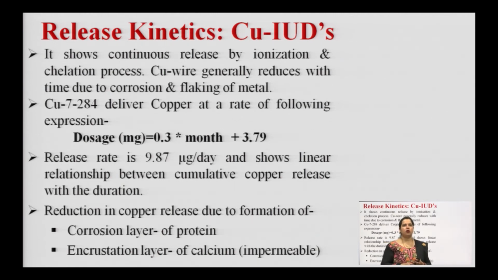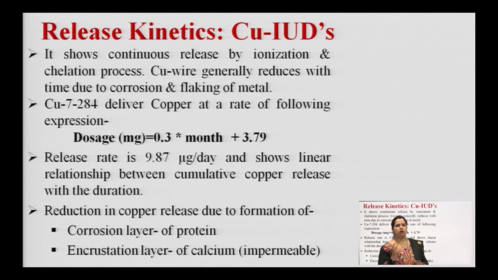Copper 7 delivers copper at a rate given by the following expression. One of the designs is also investigated. The rate of release of copper from this type of device is: dosage in mg equals 0.3 times month plus 3.79.